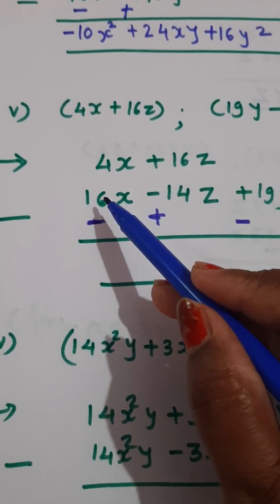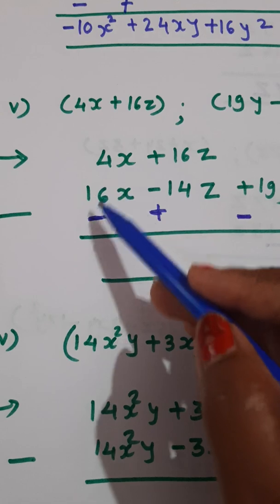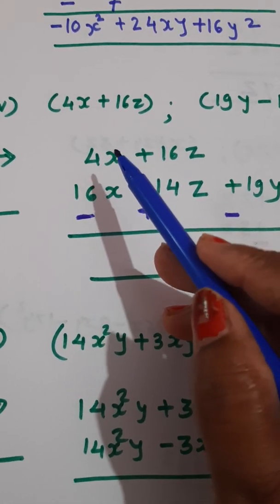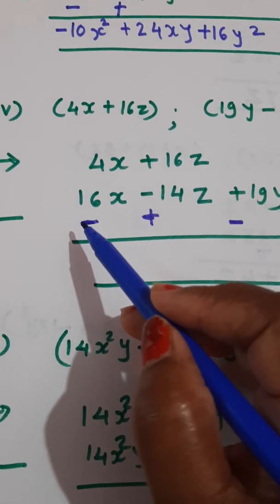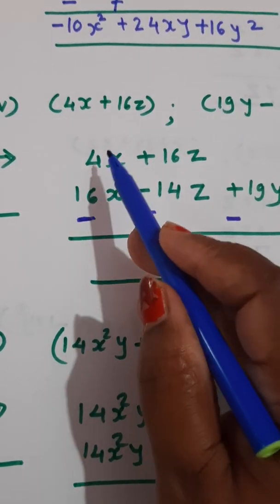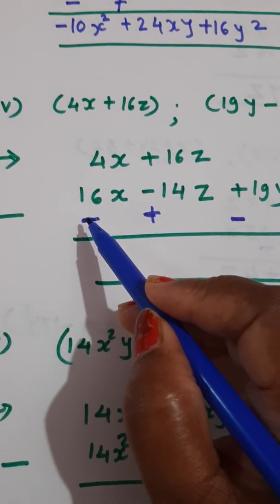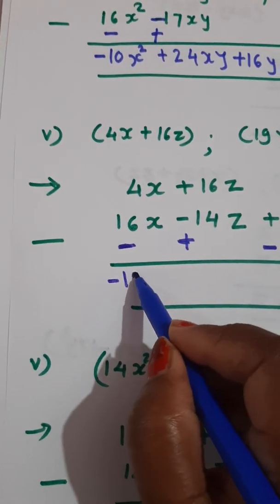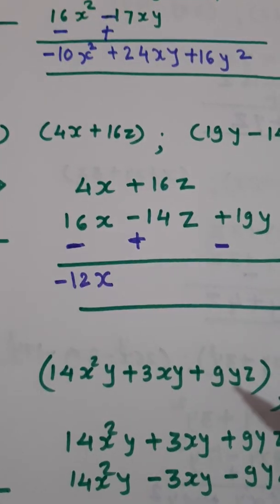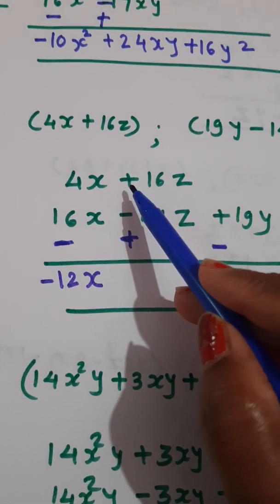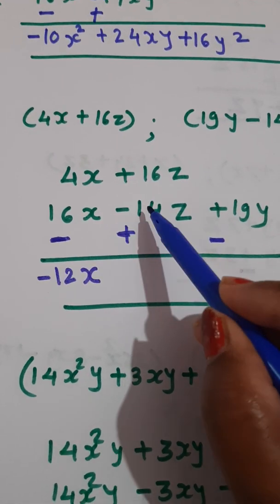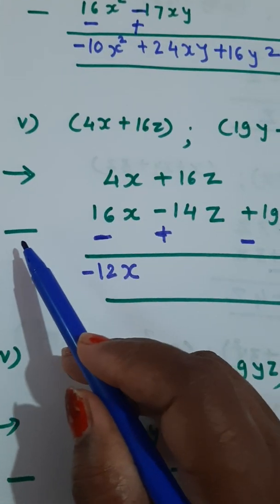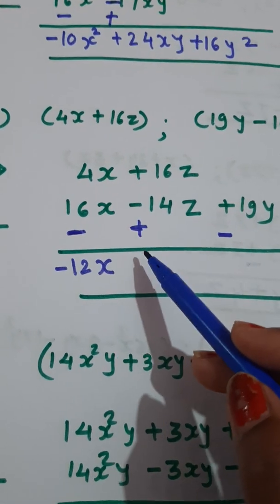Now negative 16x, positive 4x. Different sign subtraction. Very simple. Remember, different sign subtraction. So negative 16 plus 4. 16 minus 4, 12. Sign of big number. Big number is 16 and its sign is negative. So negative 12x. Then positive 16z, positive 14z. Here first it is negative, but according to the rule of subtraction, the signs are changing.